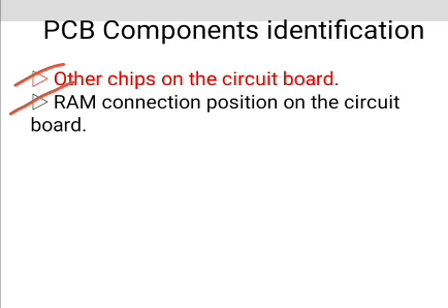Next, random access memory, RAM, connection position on the circuit board. Random access memory is a memory device. It is random access because you can access any memory cell directly by providing the column and row that intersect at the cell.